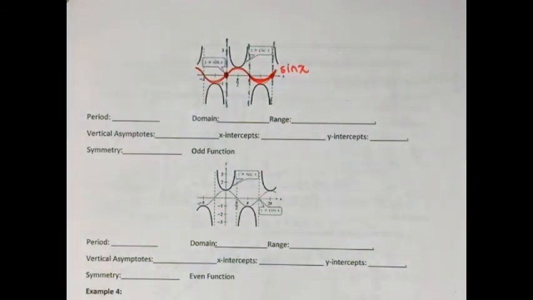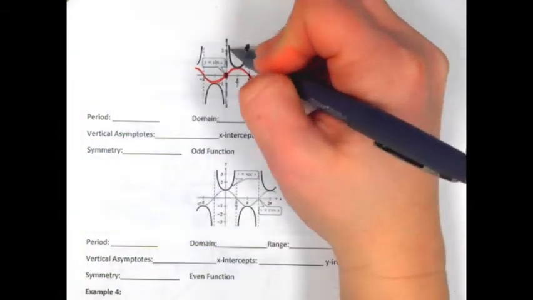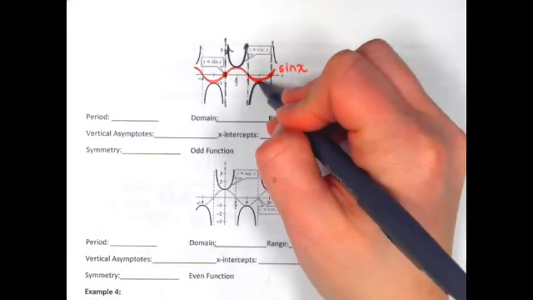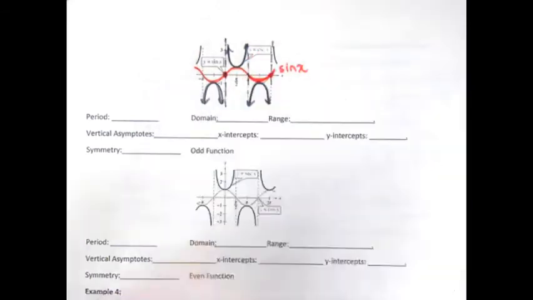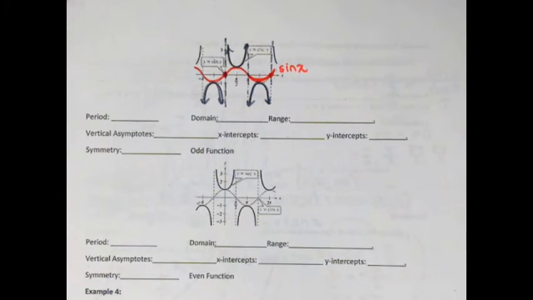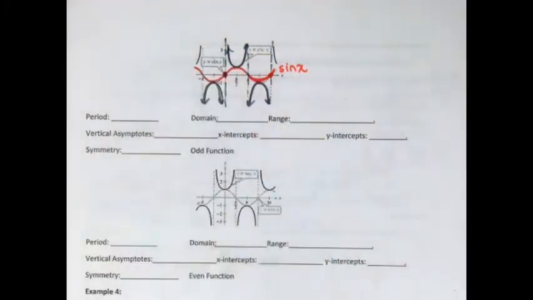And then our cosecant graph is actually a parabola above or below each max or min. So the main thing I want us to do is graph the sine curve, and then put our parabolas between our vertical asymptotes. That's all I want you guys to do.